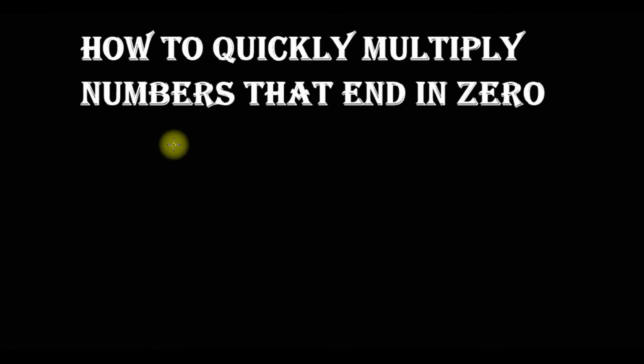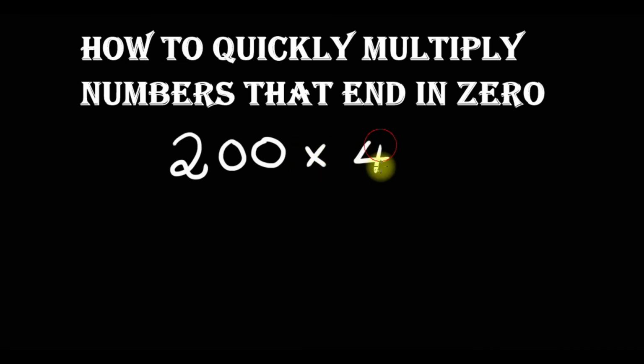Now this next one here, I'm going to show you how to quickly multiply numbers that end in 0. So let's take a look at, let's say we have 200 times 400. Okay, so if you were to set this up doing it the traditional way, it's going to take you a long time. But it's really, really easy when you see all these zeros, okay? So notice you have 4 zeros.